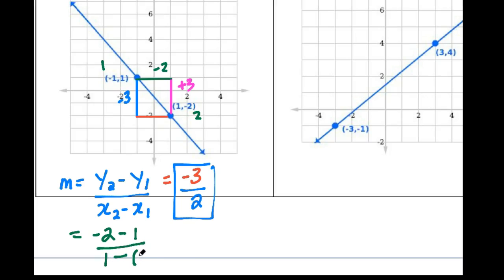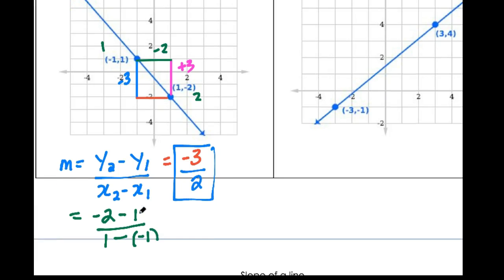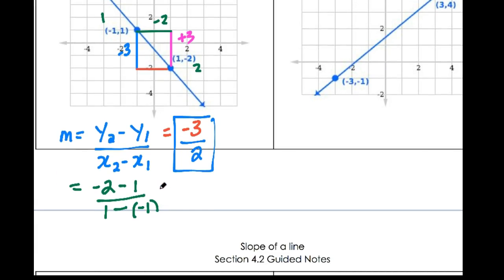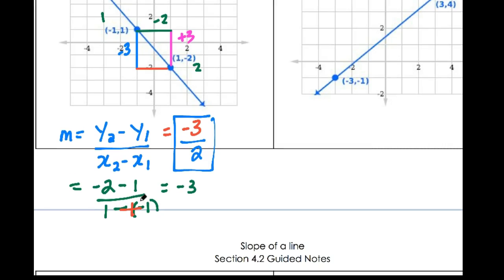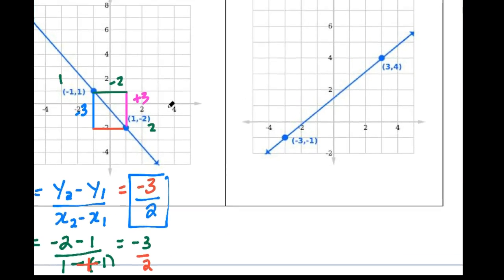Notice how I put in parentheses negative 1. They're not the same negative there. So you would have negative 2 minus 1, which is negative 3, and 1 minus negative 1 becomes plus 1. So that's negative 3/2. So there's three ways to do the same problem. But if you're given a graph, just count. Just count. It's the easiest thing to do.